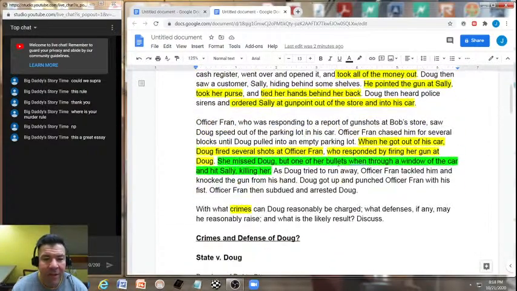The fact that he's engaging in the kidnapping of Sally, the fact that he had just committed a modern law burglary, the fact that he's firing bullets at Officer Fran, and the combined effect of all that is he has recklessly disregarded not only Sally's life, but those around Sally as well.